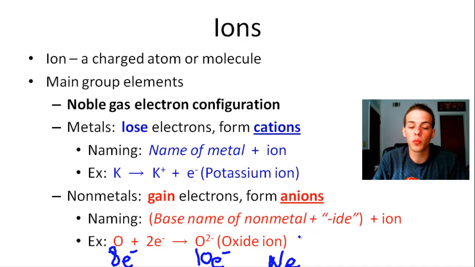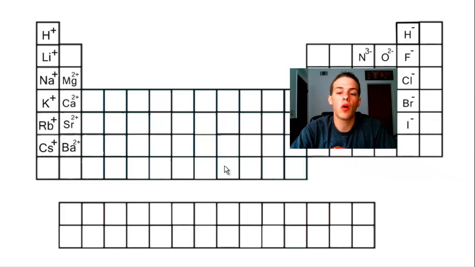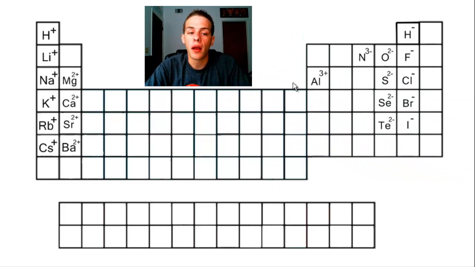Like I said, the ions formed by the main group elements are very, very predictable. The charges of them are predictable. On this next slide, these are all elements that form ions that have predictable charges. Notice that the alkali metals all form +1 cations. They all lose 1 electron to get the same electron configuration as the nearest noble gas.